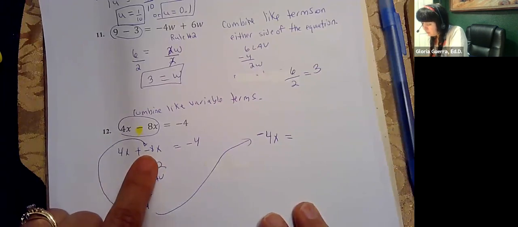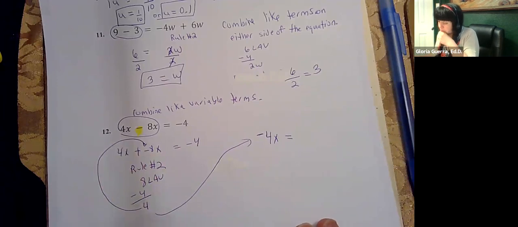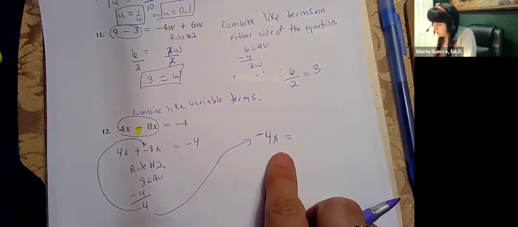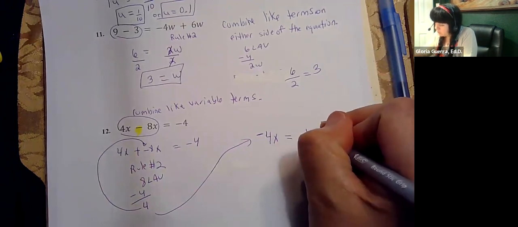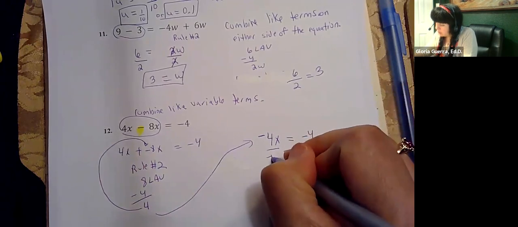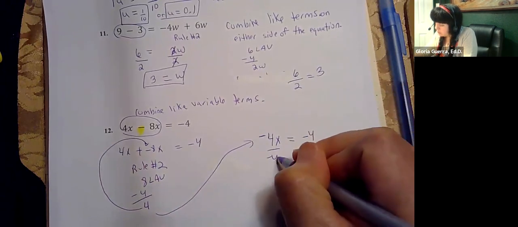And then just a little bit of nervousness, right? You want to keep the variable x, don't lose your variable x. And it's equal to negative 4. And then divide.